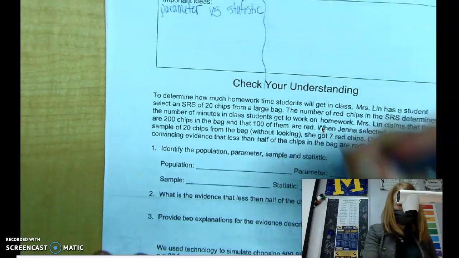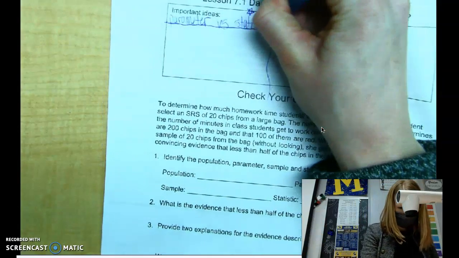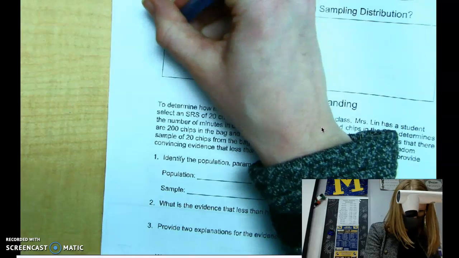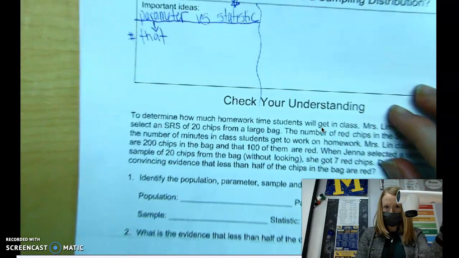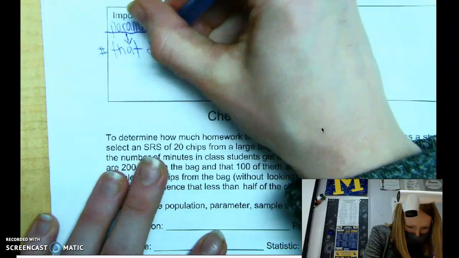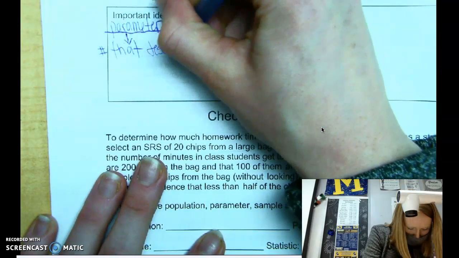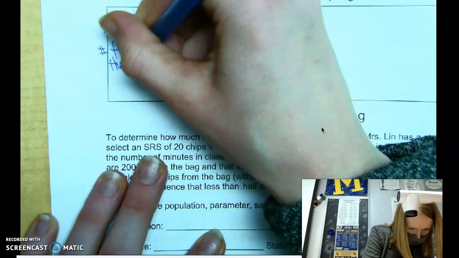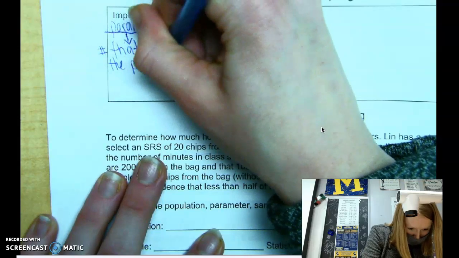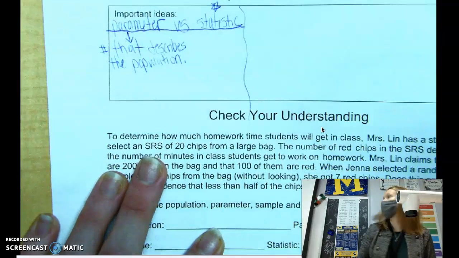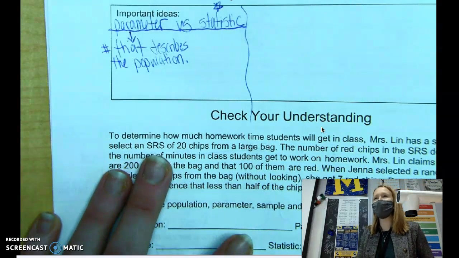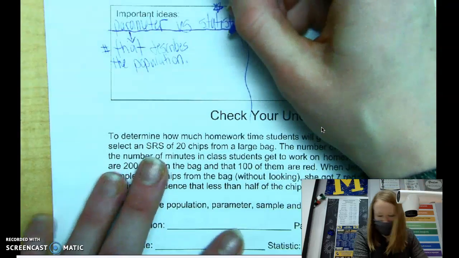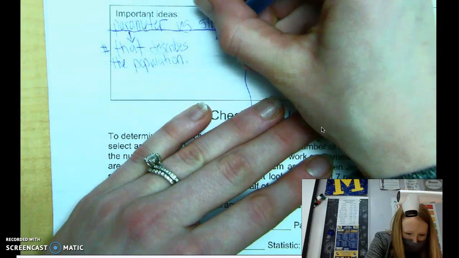A parameter is a number that describes the population. I'm going to zoom in a little bit so I can write smaller. I think it's really helpful that they chose a P word for the population numbers and an S word. A statistic is a number that describes the sample. That's sort of convenient.